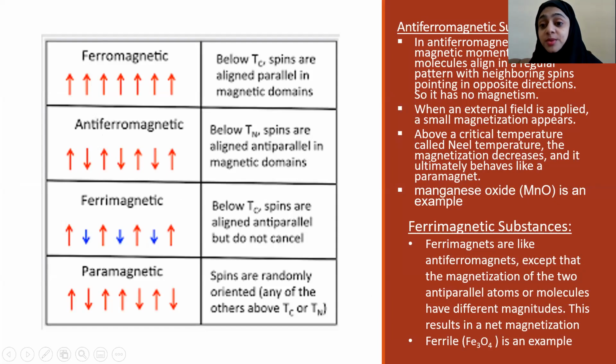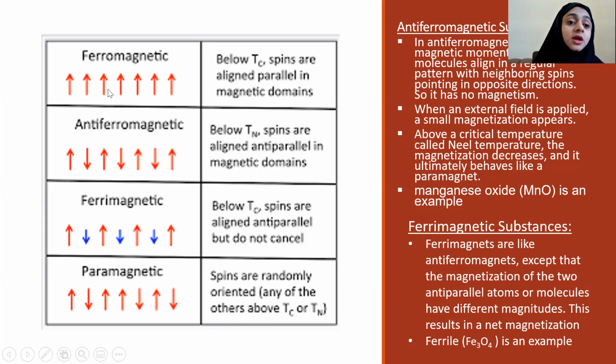The magnetic moments of atoms or molecules align in a regular pattern with neighboring spins pointing in opposite directions. So in antiferromagnets, here you can see the picture. In a ferromagnet, below Tc, that is below Curie temperature, spins are aligned parallel in the magnetic domain.